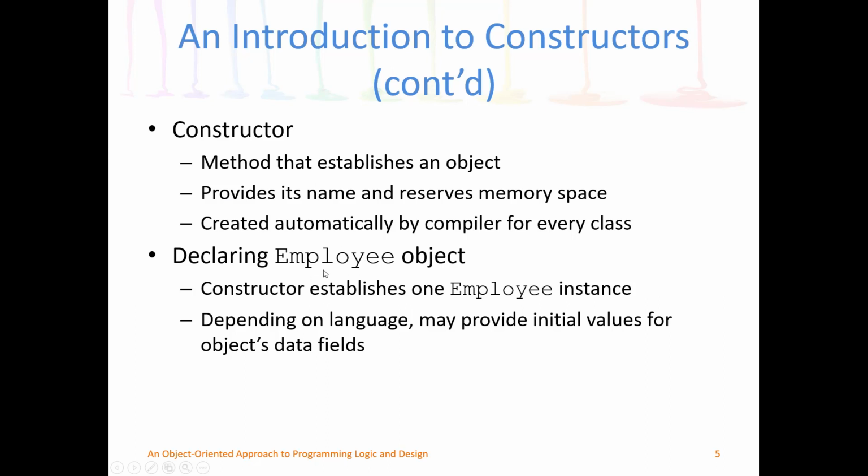A constructor takes the employee class and then creates an object, saying, okay, here are your attributes, last name and hourly wage, and here are your methods with it. So that's what it does, and creates the object. The object can use those methods, and it stores things in the attributes.